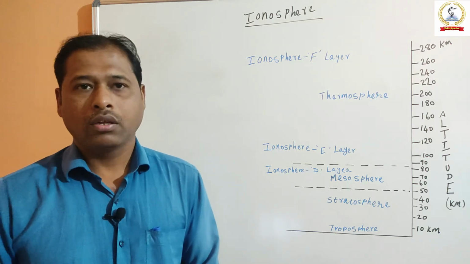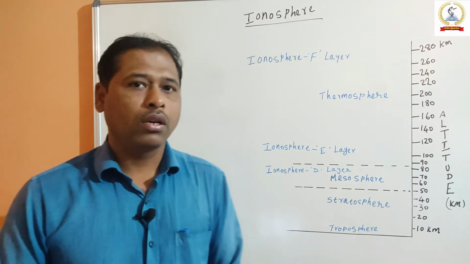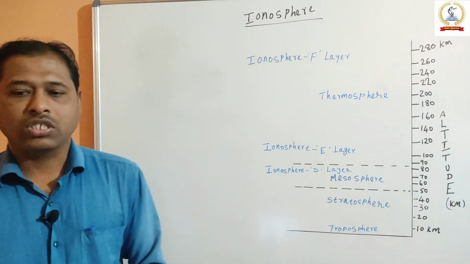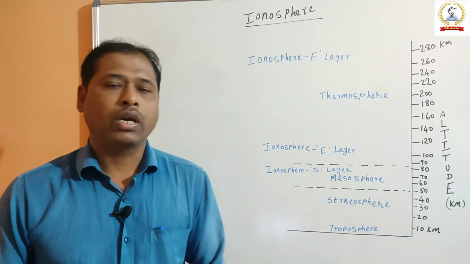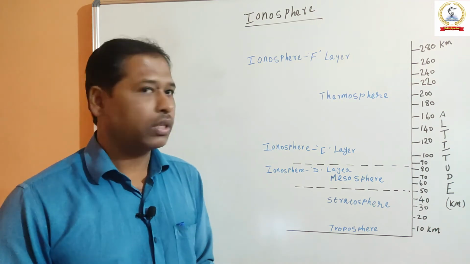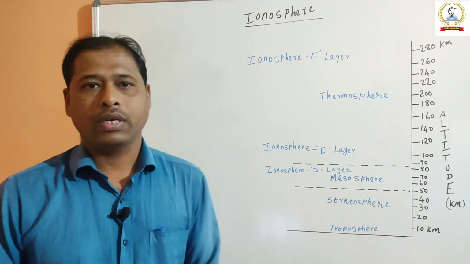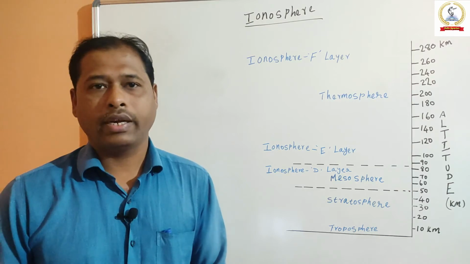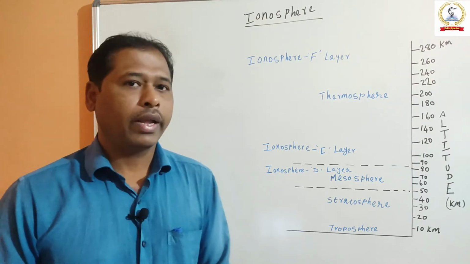The height, fraction of ionized particles and the existence of the different regions of the ionosphere vary over time. The ionosphere is very different in daytime versus night time.